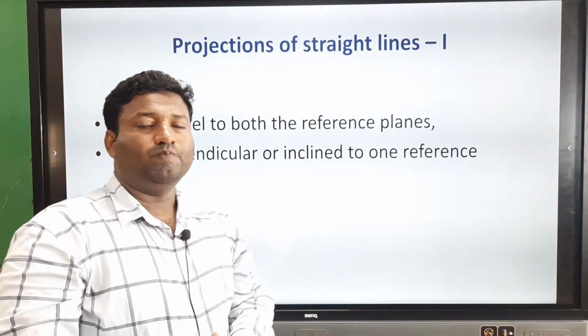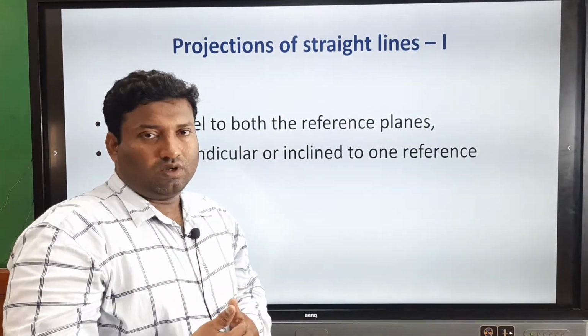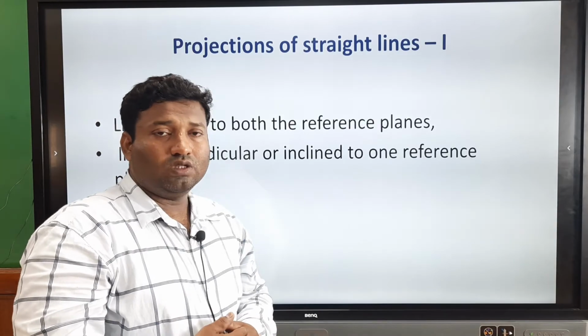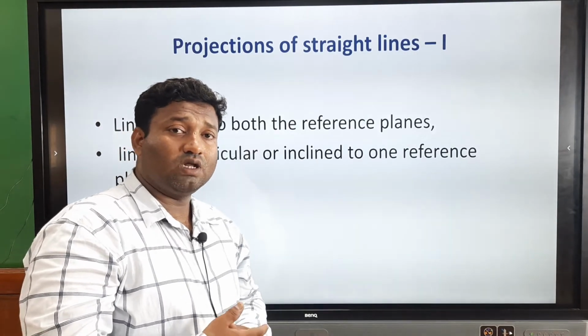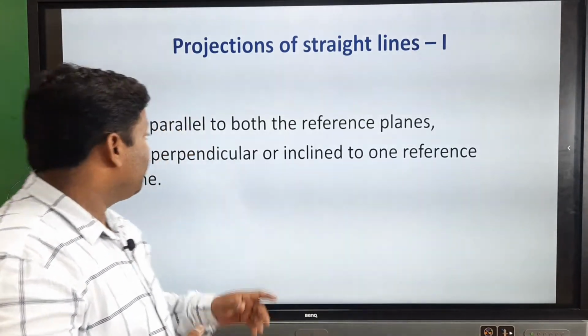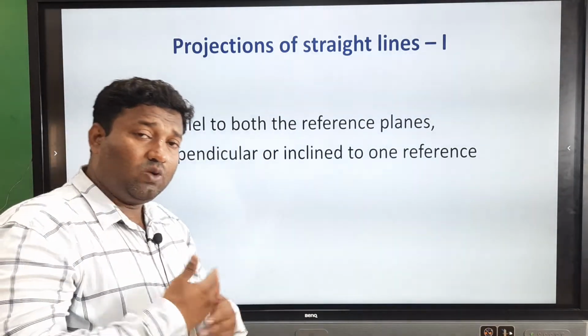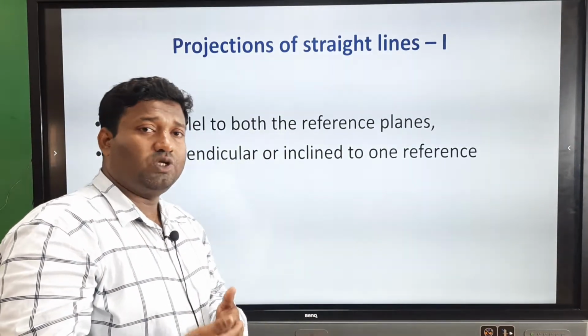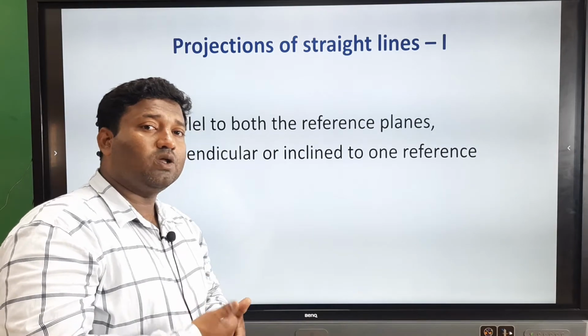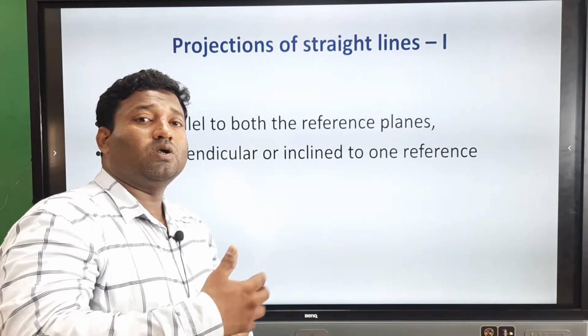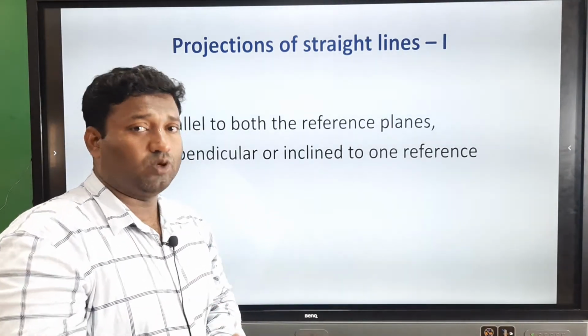As we know, we have HP and VP. In this, we have to represent a line perpendicular to any one of the planes, either HP or VP. When it is perpendicular to one plane, how does it appear on the other plane in the projection?